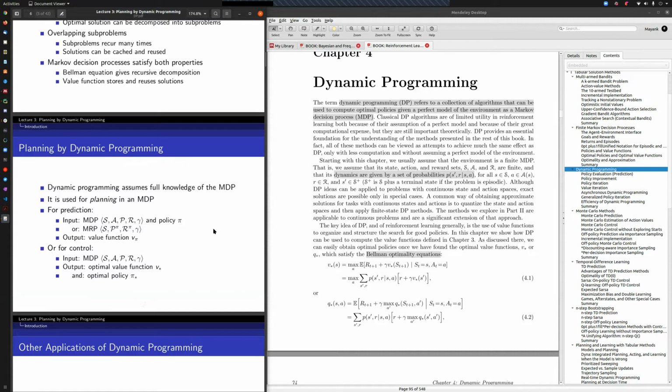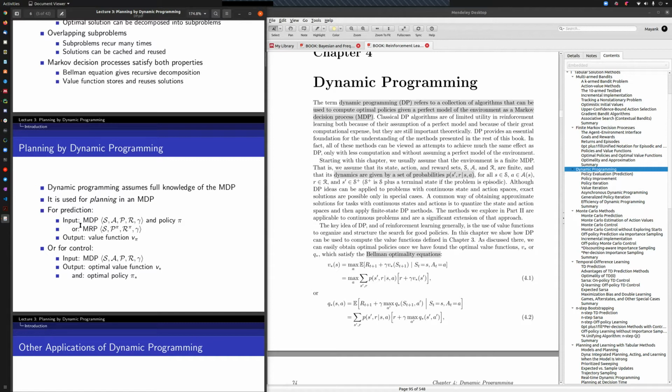This assumes the full knowledge of the MDP. For prediction, we have the states, actions, environment dynamics, the reward, and the discount factor. These are the five parameters with the policy pi for Markov reward processes.